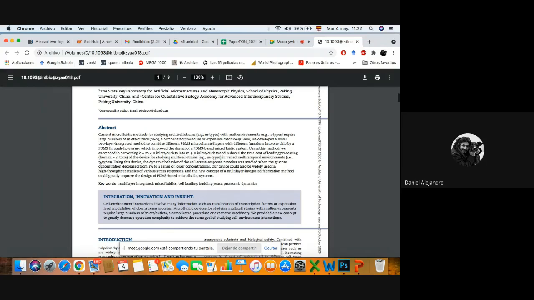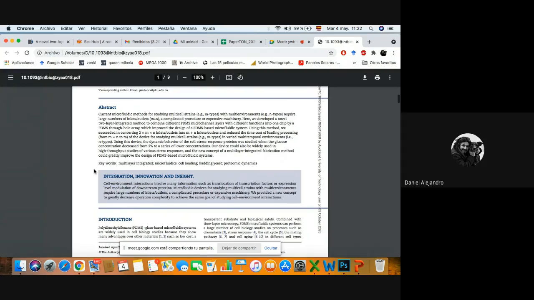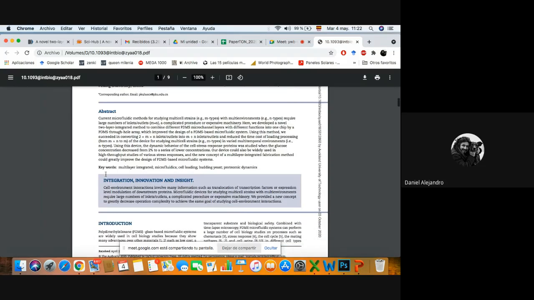In this case, they propose just one new design to probe several strains with different conditions in the same micro device, but with two layers.